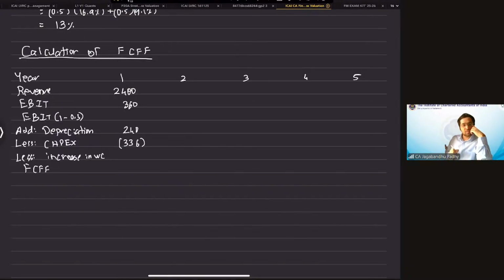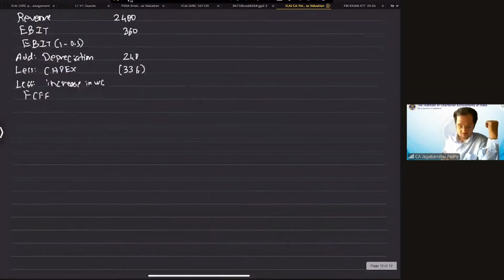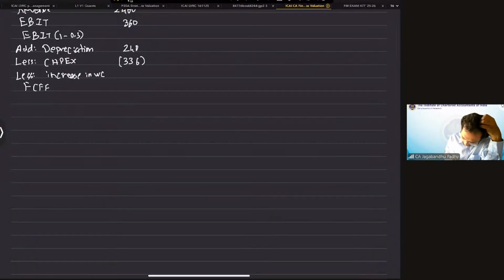Now, the increase in working capital we'll have to do in a working note. Working note number 1: increase in working capital.